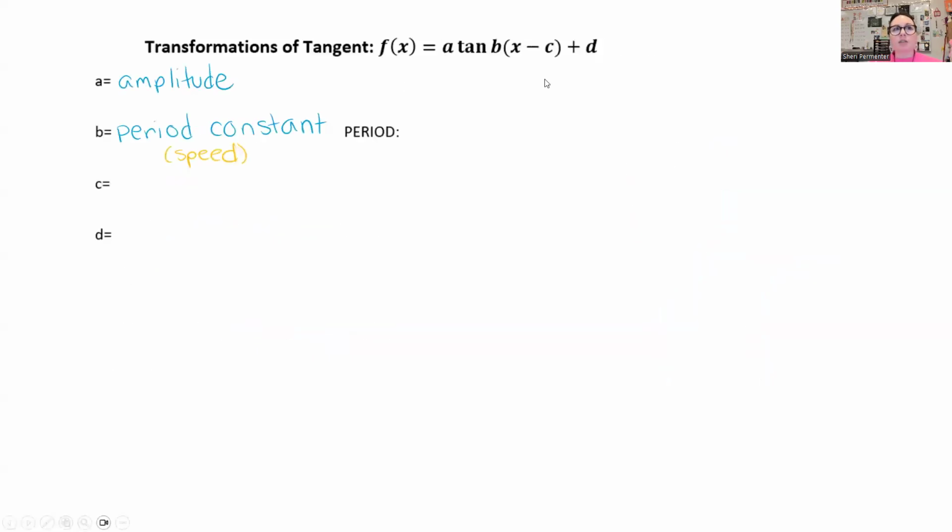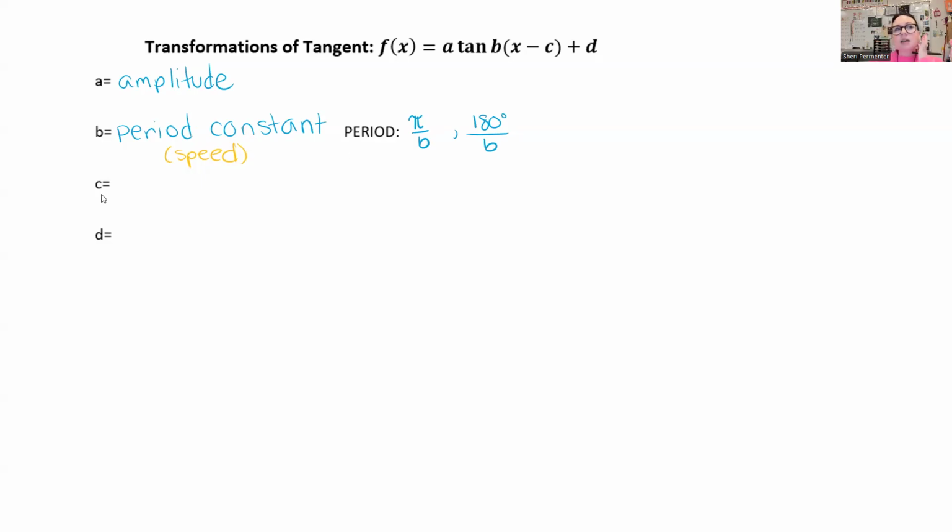Well, when you have something that's transformed, whatever your b value is, it's 180 or pi divided by whatever that b value is. So our formula for that is pi divided by b, or 180 divided by b. I think that the on-ramps curriculum really likes to work in radians. So this is what you see more often, but they're equivalent.